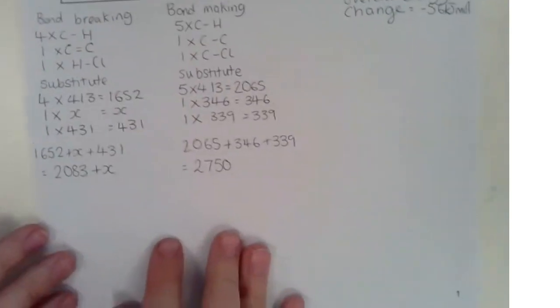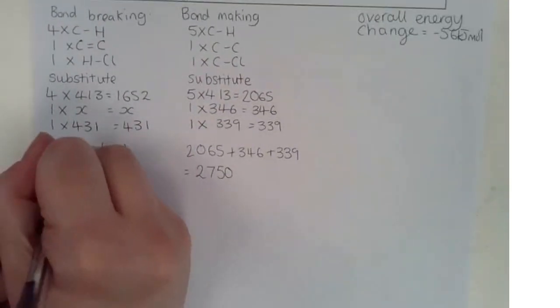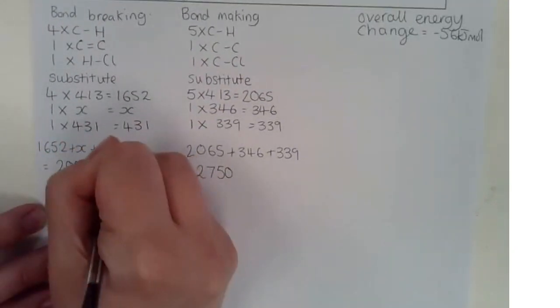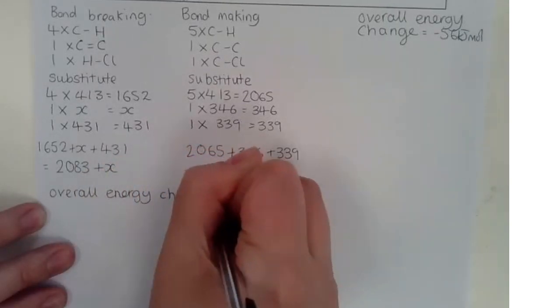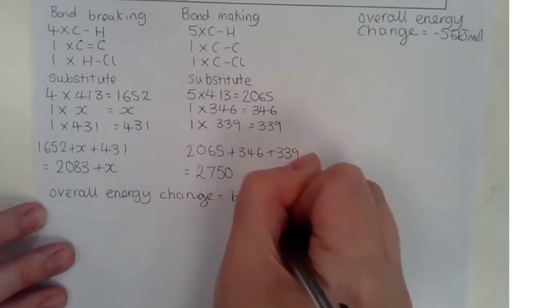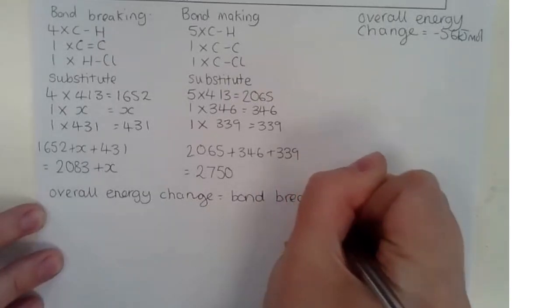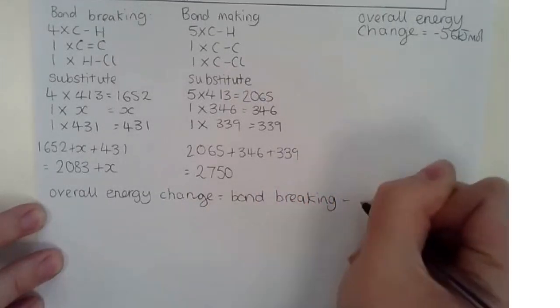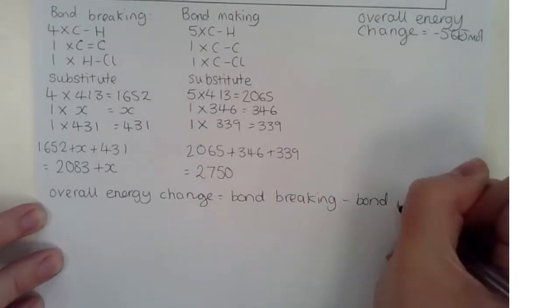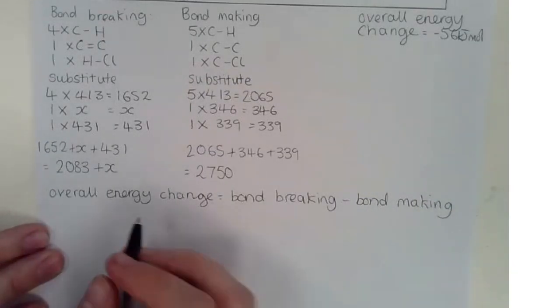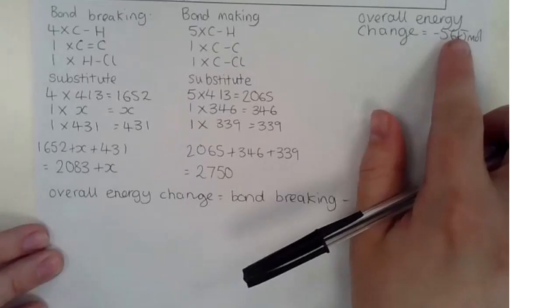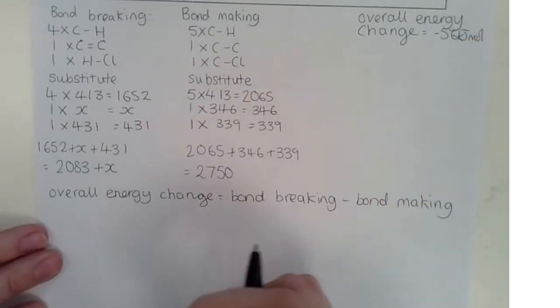And I'm now going to refer to my original equation, that overall energy change is equal to bond breaking minus bond making, which will give me a value when I substitute in the values I've determined.